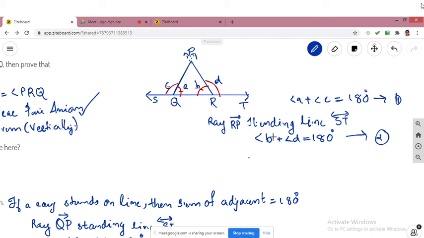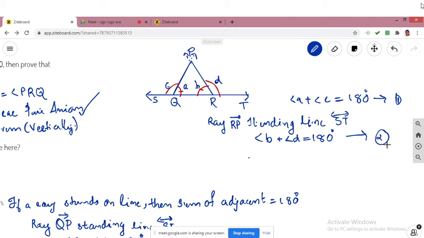Now, can we equate equation 1 and 2 here? The sum is equal to 180 degrees, that is, one side of the equation is equal. So can we equate the other sides? What do you think? In equation 1 we were having angle A plus angle C equal to 180 degrees, and in equation 2 we are having angle B plus angle D equal to 180 degrees.